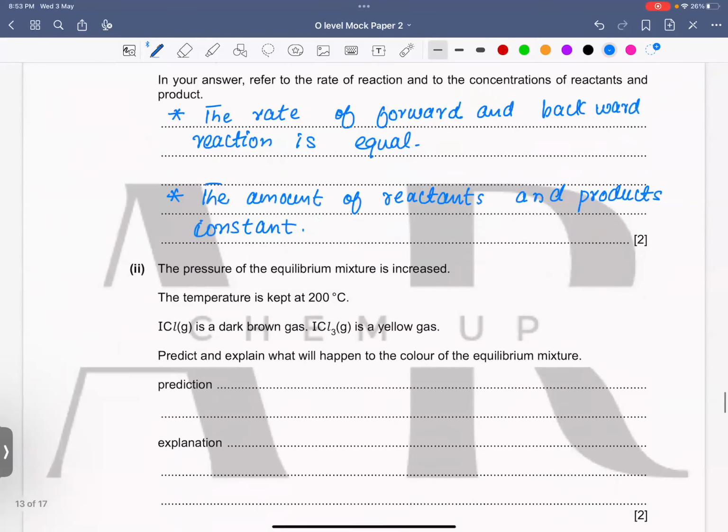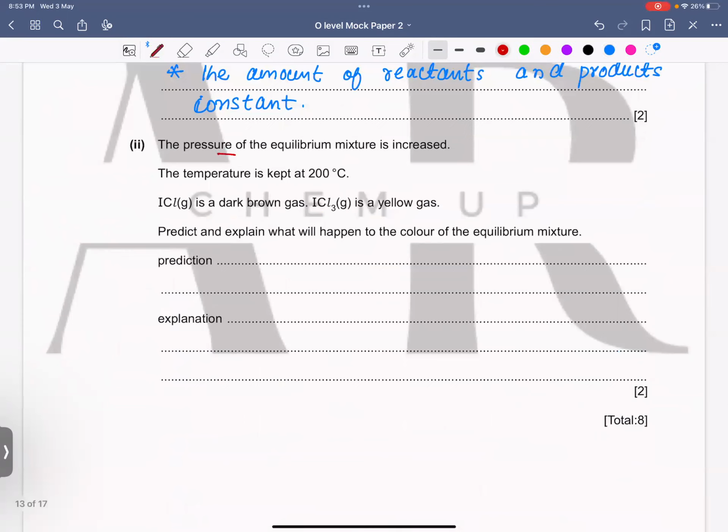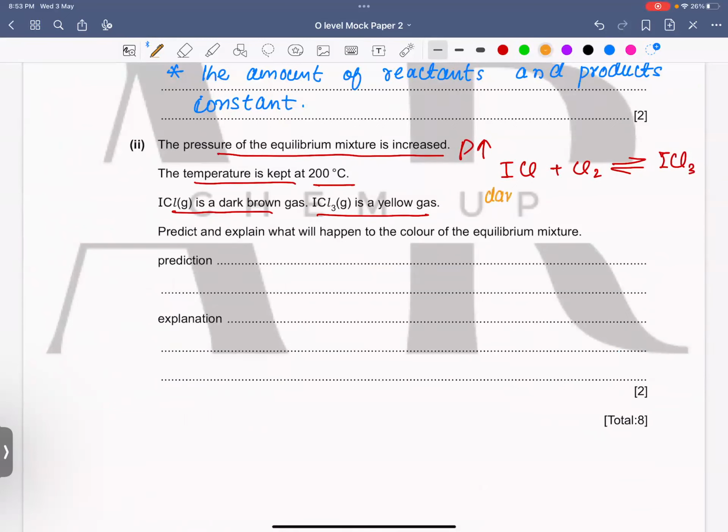Now, the pressure of the equilibrium mixture is increased. The temperature is kept at 200 degrees Celsius. What they are saying is that we are increasing the pressure. ICl is dark brown and ICl3 is yellow. So what would happen? ICl is reacting with chlorine, forming ICl3.